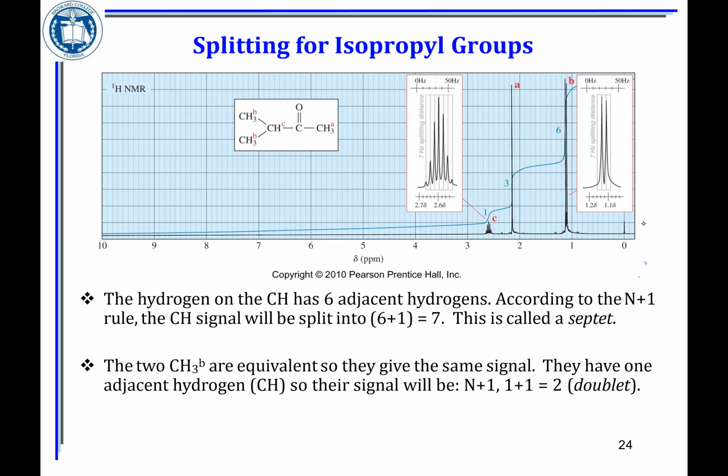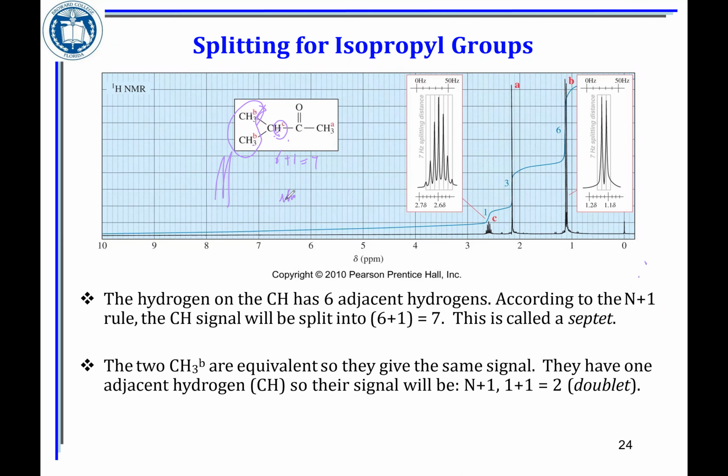When you have an isopropyl group, you have 6 hydrogens that are going to split this 1 hydrogen, and this 1 hydrogen is going to split the 6 hydrogens. So hydrogen B is going to be a doublet, and hydrogen C is 6 plus 1, that is 7, so you have a septet. But the height, since this represents just 1 hydrogen, is going to be very small.